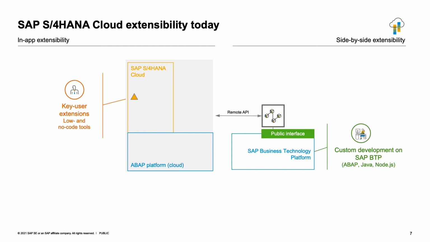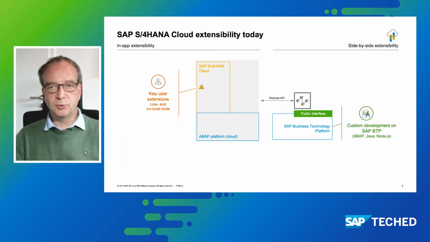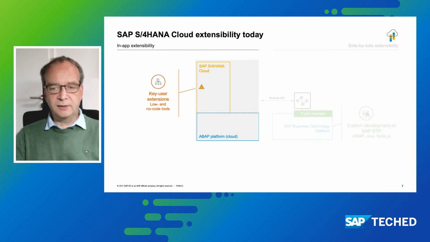The main differentiator from a technical perspective is that you have in-app extensibility, which you could do on the stack where the SAP software runs, or you could do side-by-side extensibility on a separate platform, being connected to the extended software. So here I would like to start with the in-app extensibility.